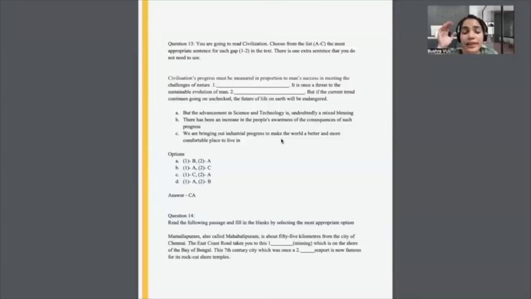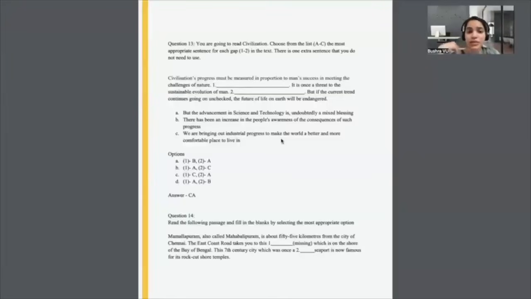It is at once a threat to the sustainable evolution of man, but if the current trend continues unchecked, the future of life on earth will be endangered. So here it's talking about a problem: if it goes on unchecked, the life on earth will be endangered.